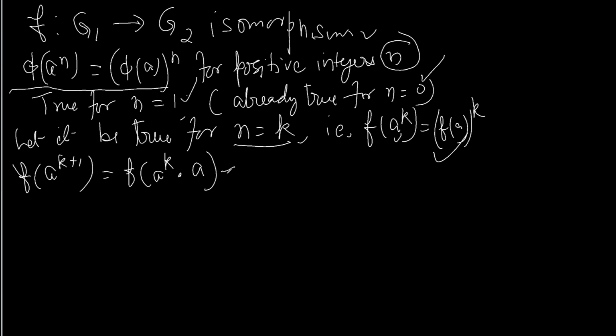So we can split this as a^k times a. That will be f(a^k) times f(a).